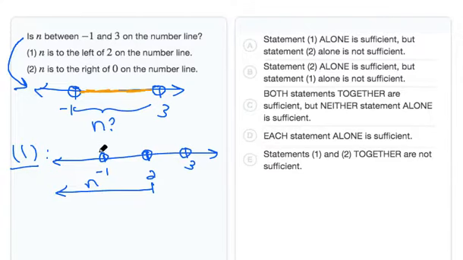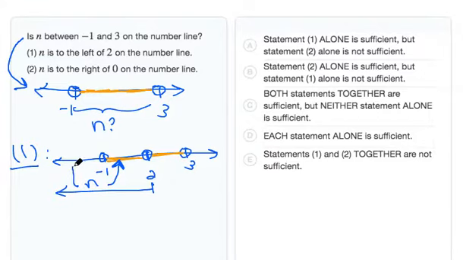And just to highlight that in orange again. Now, being told n is to the left of 2 means a couple different things. n could definitely be in that orange range between -1 and 3, if n is, say, 0 or 1. And those are definitely possible if n is to the left of 2.